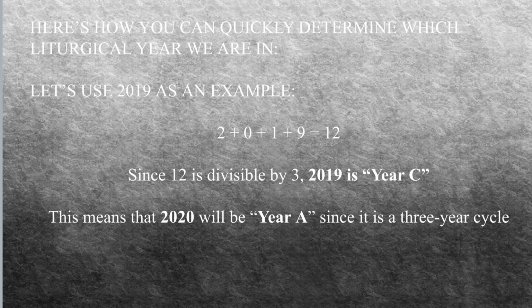And it has to be a round number. I know some of you guys, if you pick a year, it'll be 2.1 or 3 point something. No, it has to be a whole number. And if it's divisible by 3, you are in year C. So 2019 was year C, and then we revert to year A. So we know in 2020, we are in year A. So that's just a quick way to figure that out.